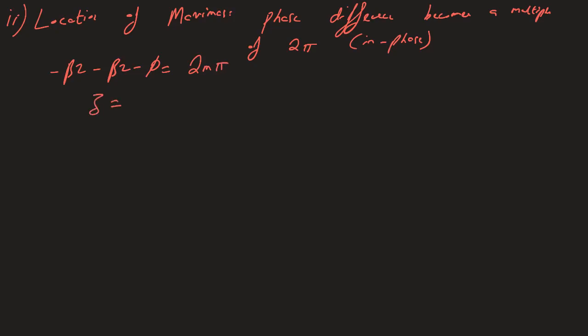Or so z becomes equal to 2m pi plus phi times minus 1 over 2 beta, and this is the location of z maxima, and of course m is an integer, and so on and so forth, right? So when z equals minus 1 over 2 beta into 2m pi plus phi, that's when you have your maxima, right? And in the other location you have your minima.